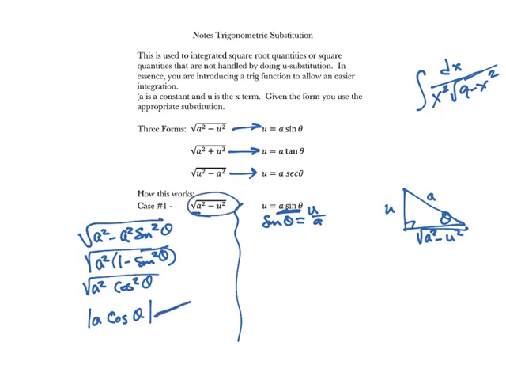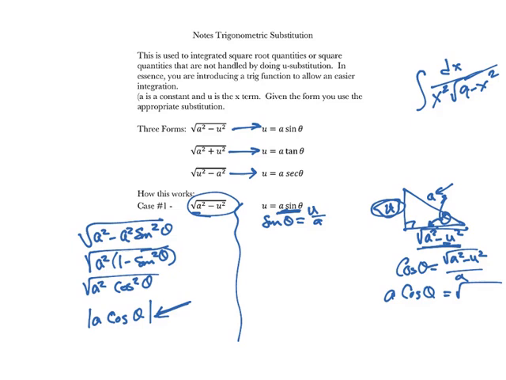Now, you might ask, well, where does this come into play? Well, if I look at the easiest combination in order to get the square root, remember, a is a number, but this has some x value to it. So if I look at this, this would be adjacent and hypotenuse. So I'd say the cosine of angle theta is the adjacent side over the hypotenuse. And if I multiply by a, I get a cosine theta equals the square root of a squared minus u squared.